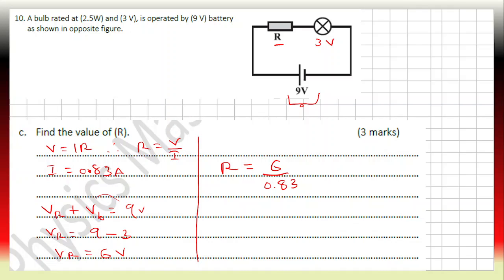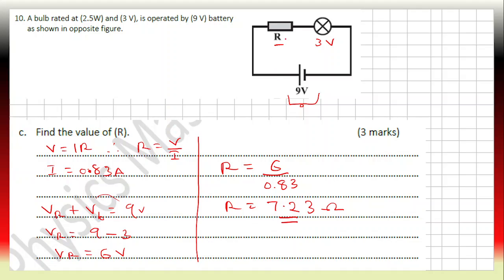Have you done that division? Well, you're just having some good time over there. So I'm getting R to be equal to 7.23 ohms. That is the resistance of this resistor.